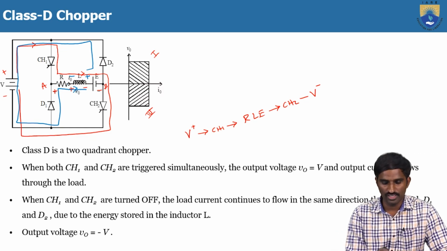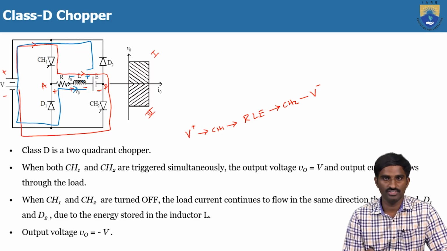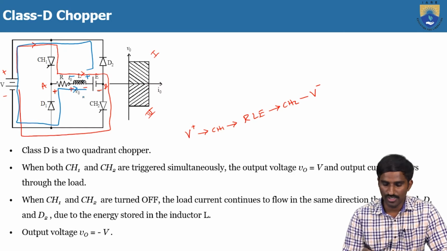That's why you get a negative output voltage, but the load current direction is still the same as our reference direction, A to B. So in this mode of operation, the voltage is negative but the current is still positive, which means this is the fourth quadrant operation.